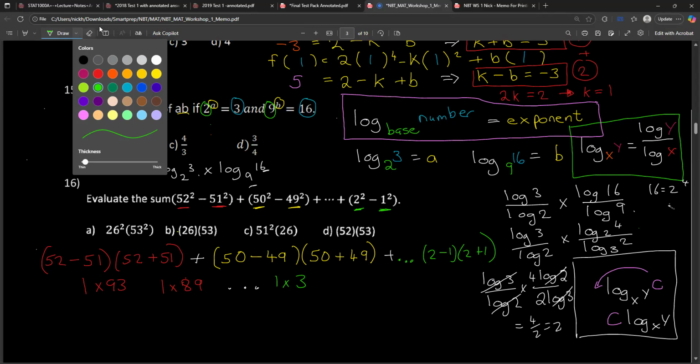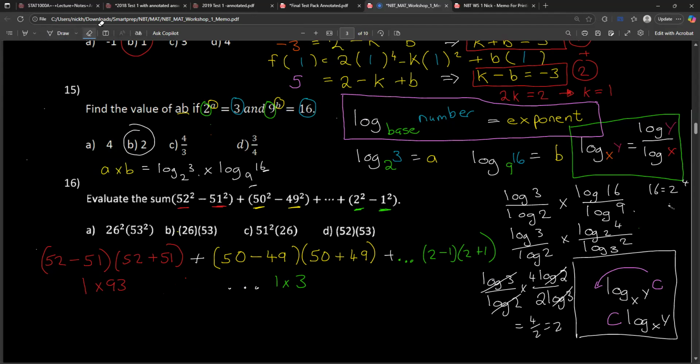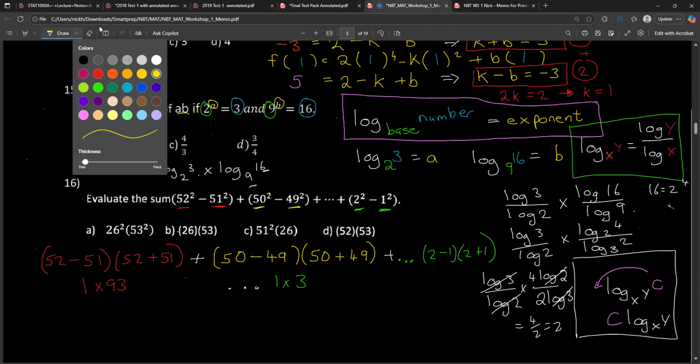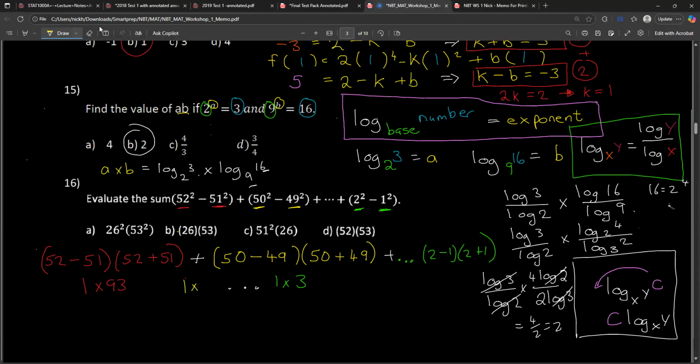So we notice there would be a pattern here. Okay, so I'm going to do away with the colors now, because the idea is that you should spot a pattern.